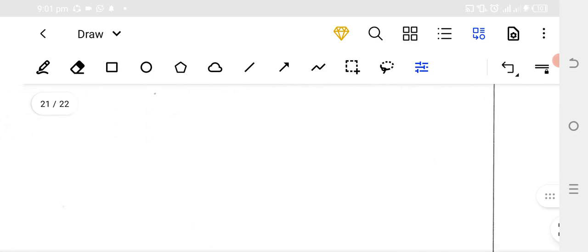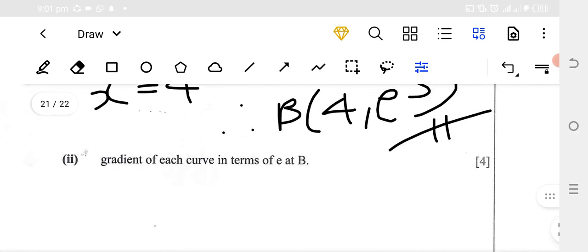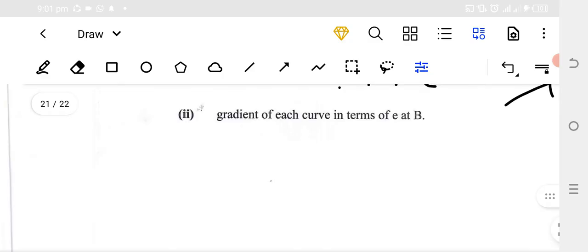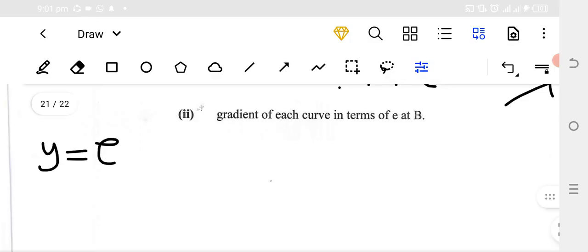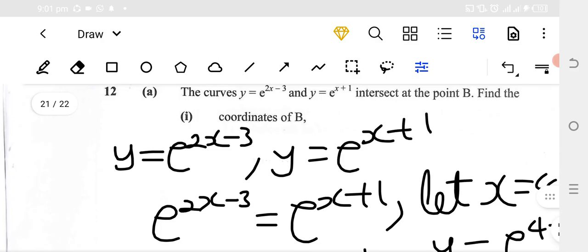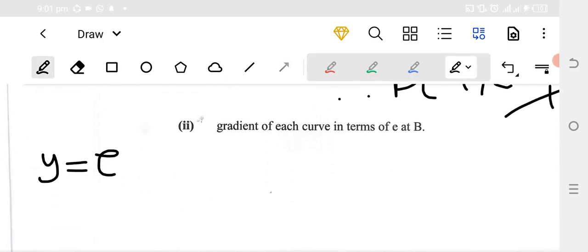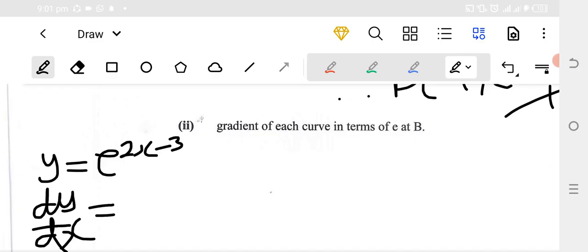And then the next question is carrying 4 marks. They are saying find the gradient of each curve in terms of e at B. So for the first curve, which is y is equal to e to the power 2x minus 3, dy/dx of that will simply be the derivative, first of all, of e.